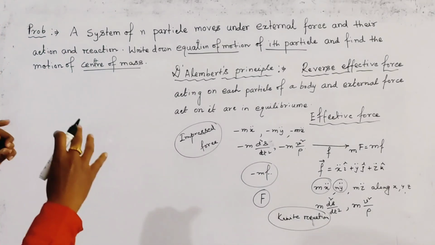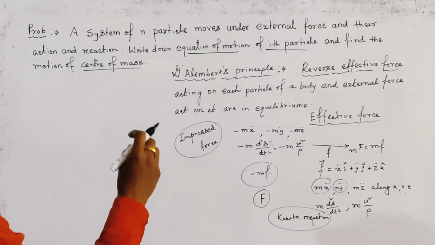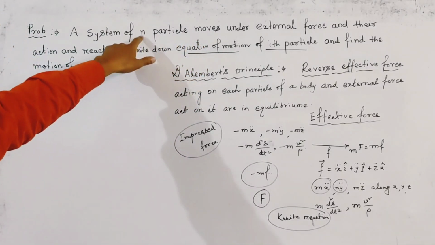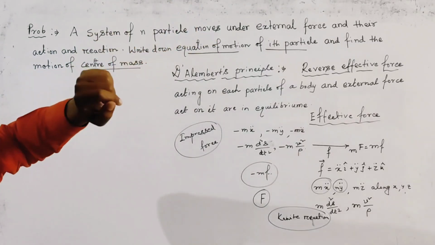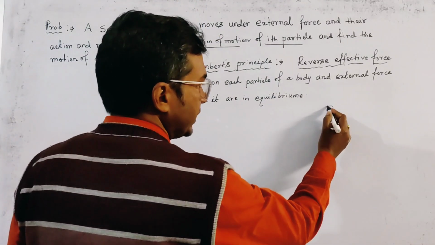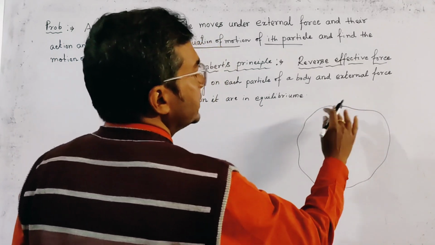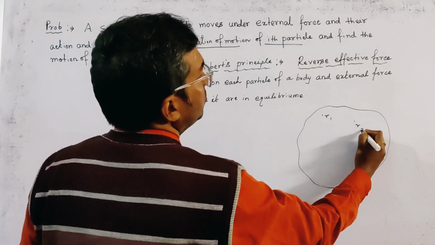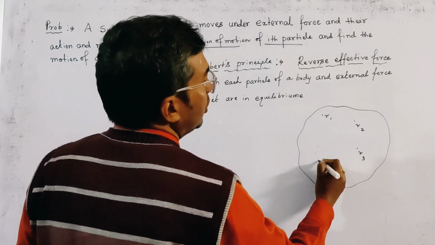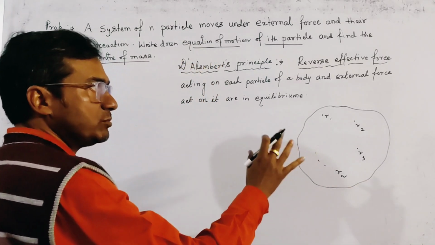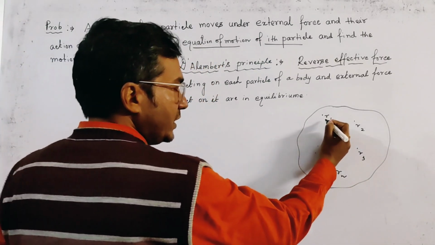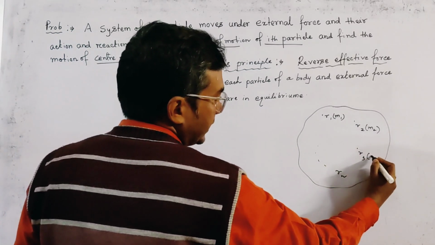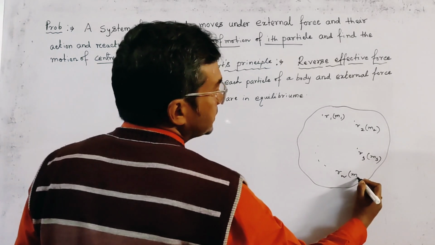Before that, we consider a system of particles consisting of n particles. Let R1, R2, R3, and so on up to Rn be the position vectors. The mass of each particle: the mass of this particle is M1, of this one M2, then M3, and so on, up to Mn.